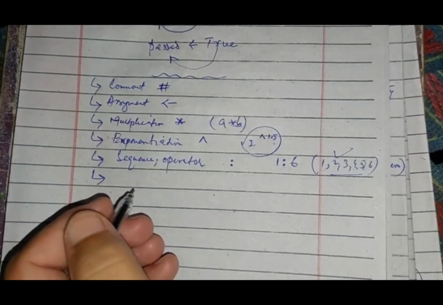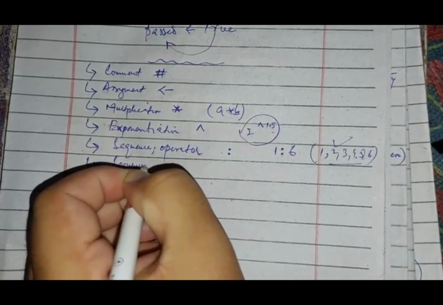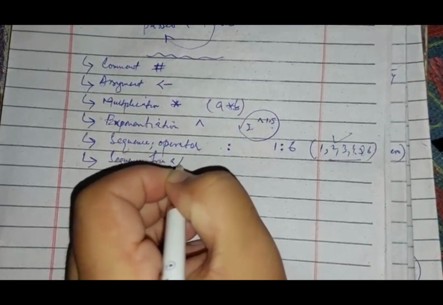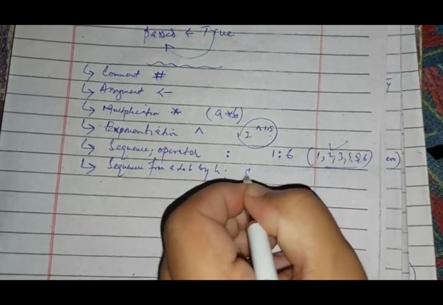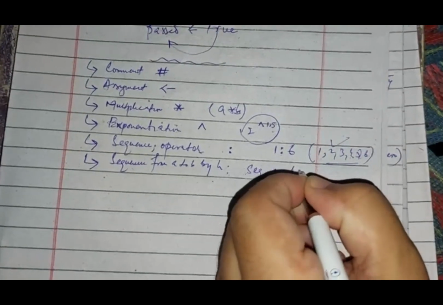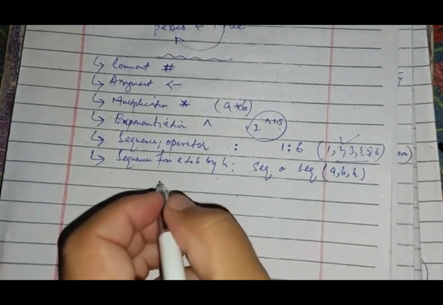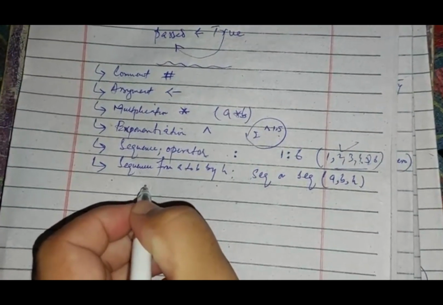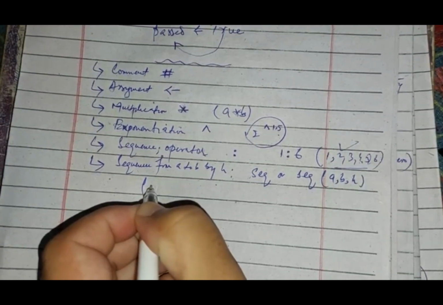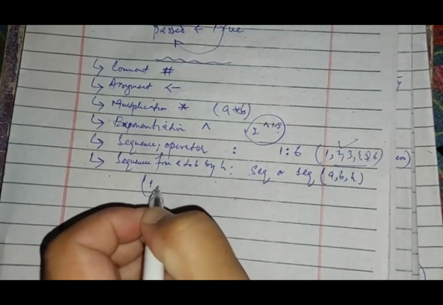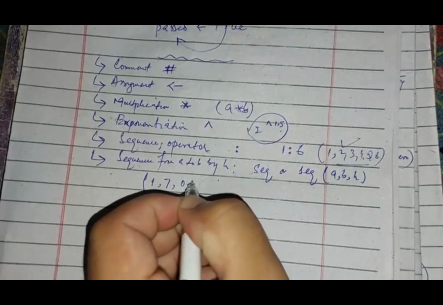And we have another one, special sequence, from A to B by H. So we write it the same way, sequence A comma B comma H. For example, we want to sequence from 1 to 7, with a difference of 0.5.